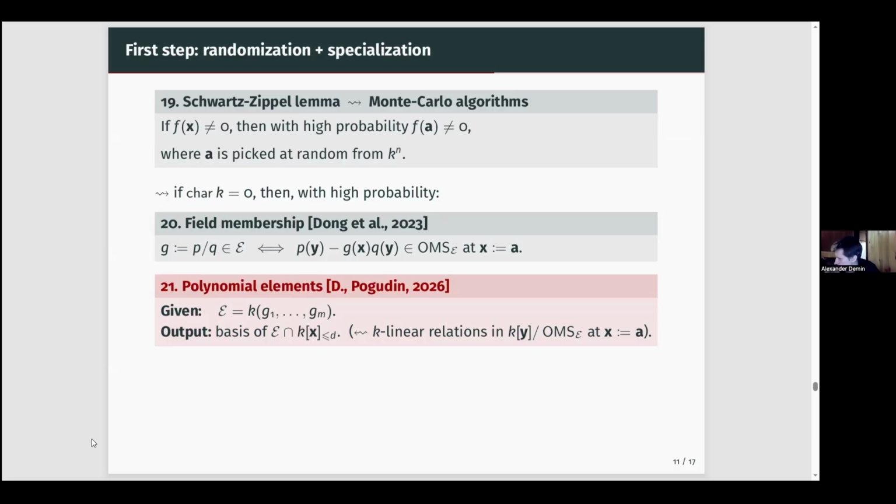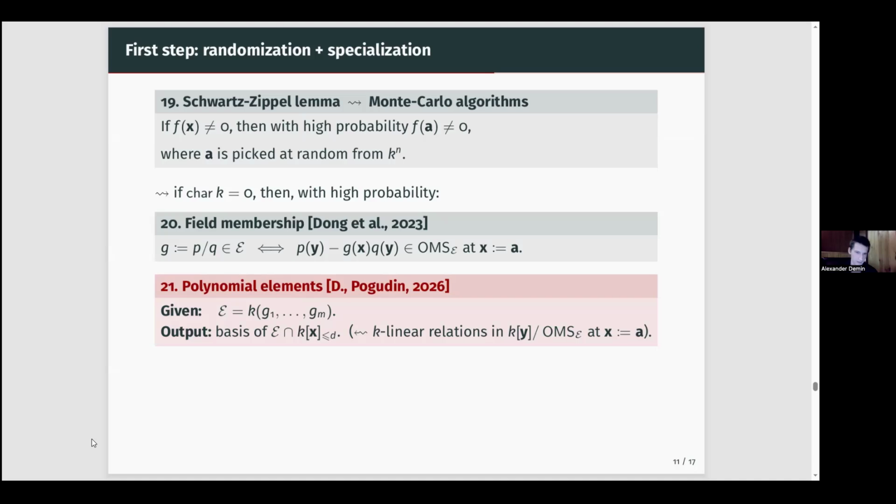This is a bit more tricky than the previous one, because relations over rational functions are not exactly relations over the field K, might not be exactly. So there is some interesting correction that happens to make the algorithm actually viable.